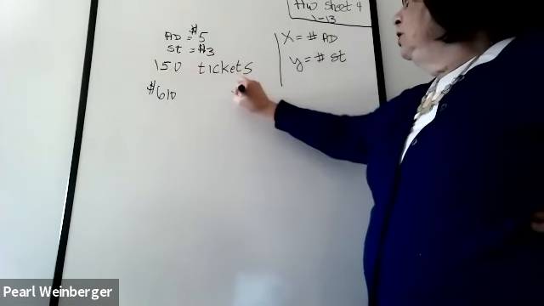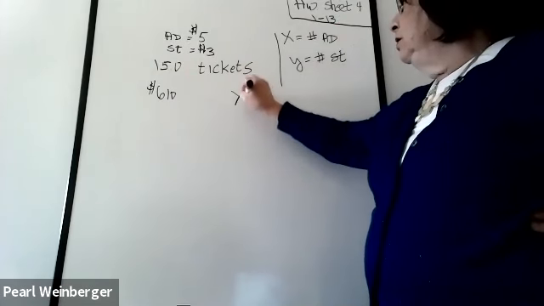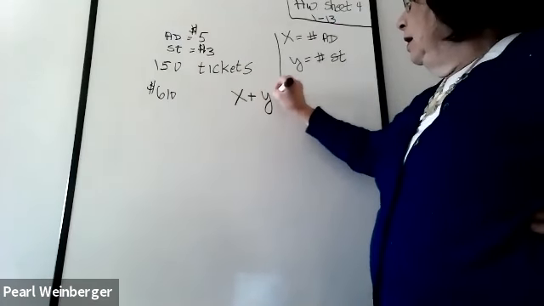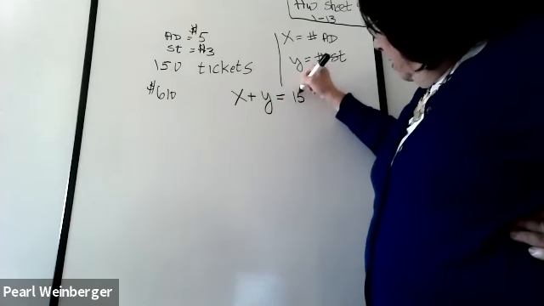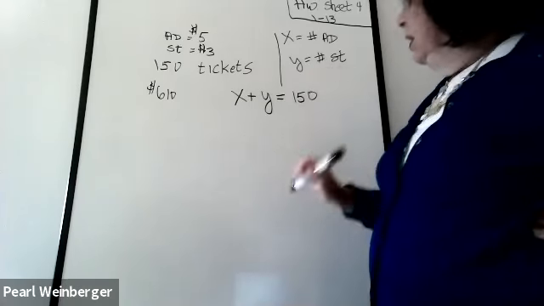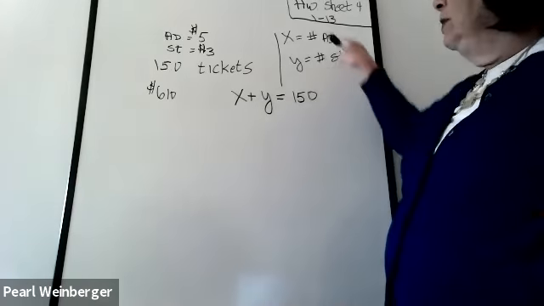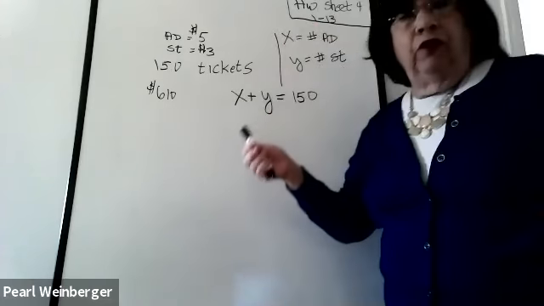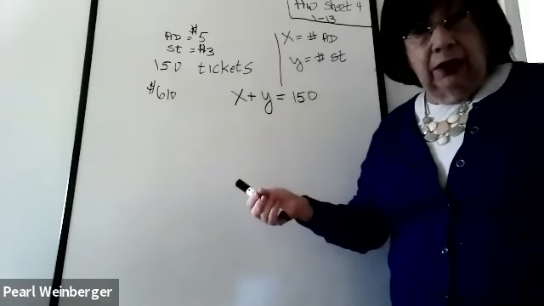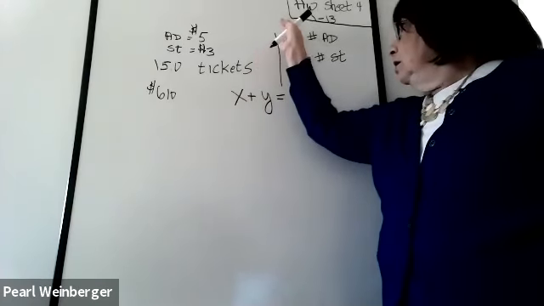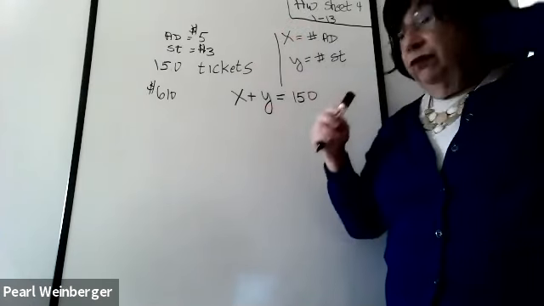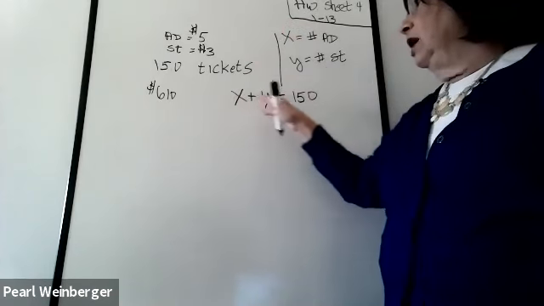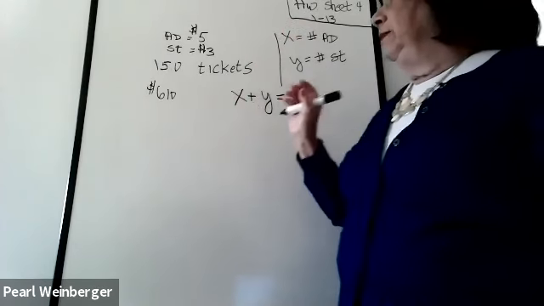So that equation becomes X plus Y equals 150. This equation has nothing to do with how much the tickets were sold for. It's just how many there were. And the total of the X and the Y together is the 150. So that gave me the equation X plus Y equals 150.